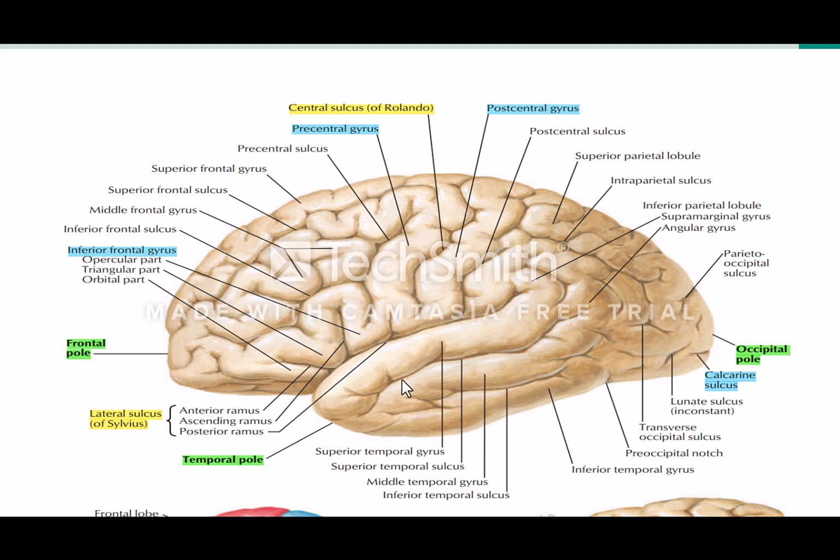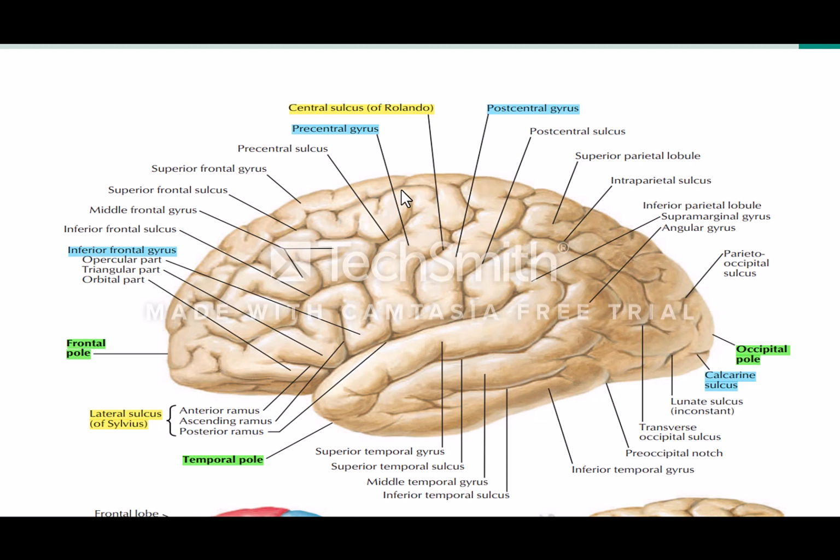Our temporal lobe has a superior temporal gyrus, a middle temporal gyrus and an inferior temporal gyrus. It has a superior temporal sulcus and an inferior temporal sulcus. Same as the frontal lobe, the superior frontal sulcus and the inferior frontal sulcus.